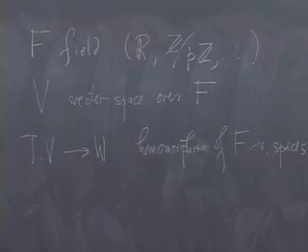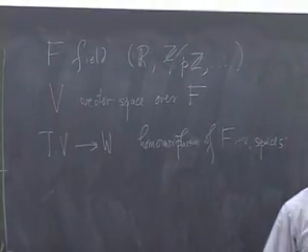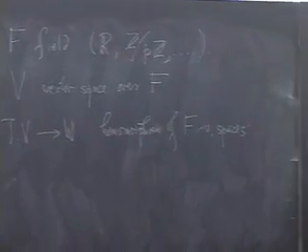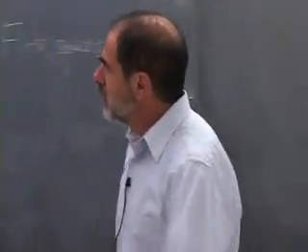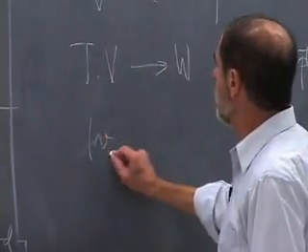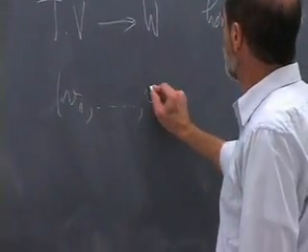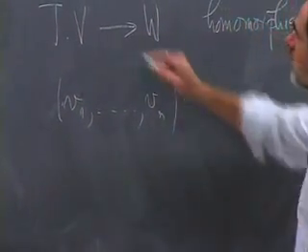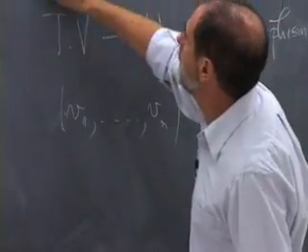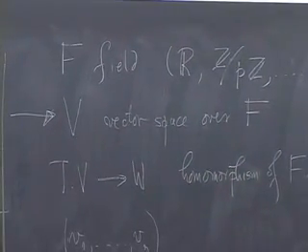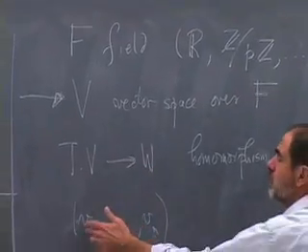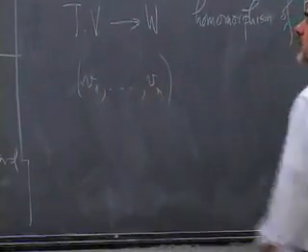Now, many of you have seen this for real vector spaces, and the key thing is that it works perfectly well for vector spaces over an arbitrary field, and it can't hurt to review it because it's so important. So in all this lecture, I'm going to start with the hypothesis that I have a vector space over a fixed field F. And I take an ordered set of vectors, which means it matters which one goes first and which one comes last.